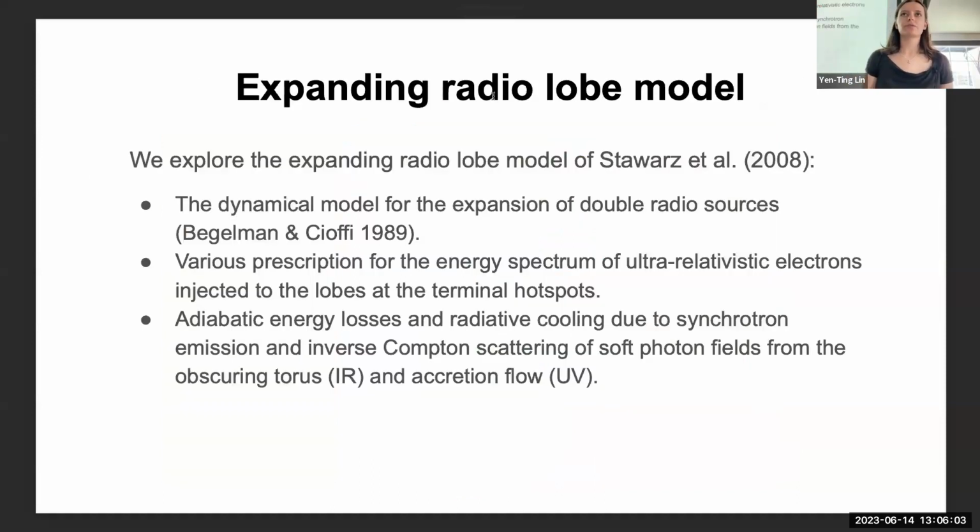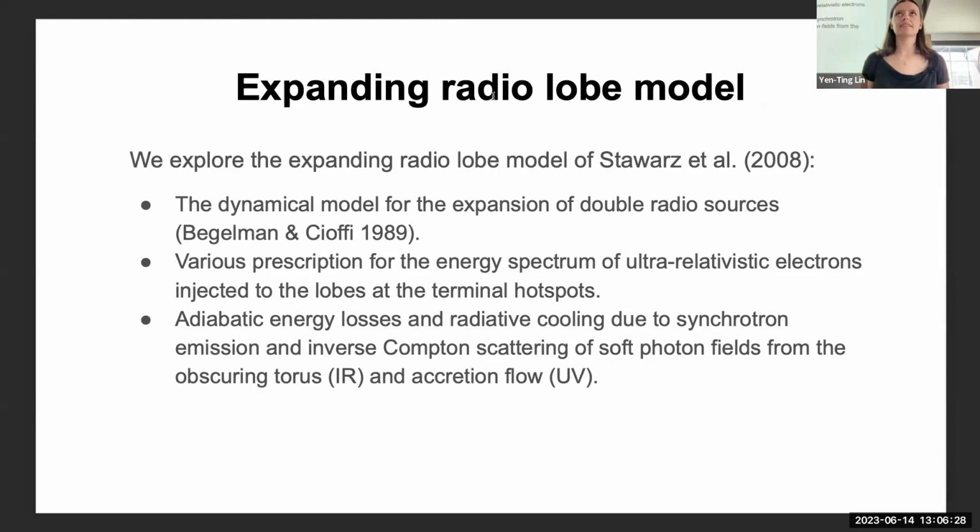So in order to examine this, we were using the model of Stawarz et al., which deals with the emission of expanding radio lobes. In this model, they take into account the dynamical evolution of the radio lobes. Also, it allows for various prescriptions of the electron energy spectrum injected at the hotspot.